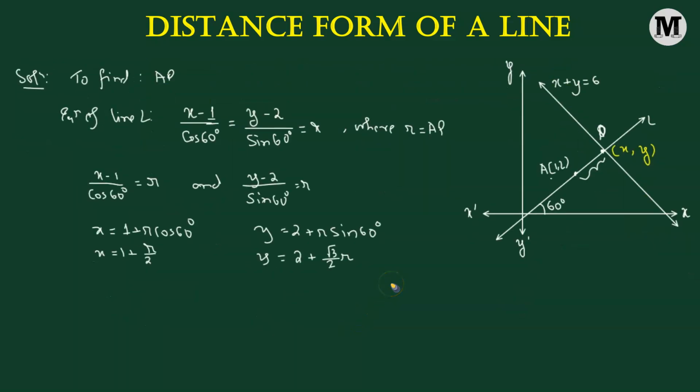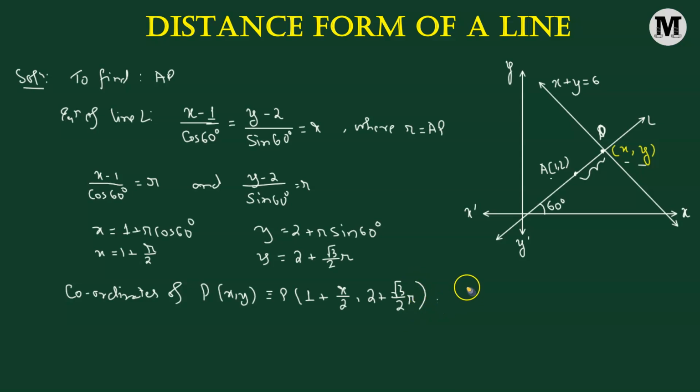So what we have done here is represent the coordinates of the point P in parametric form. The coordinates of point P, which we initially assumed to be (x, y), can also be represented in parametric form as (1 + r/2, 2 + (square root of 3 over 2) times r).